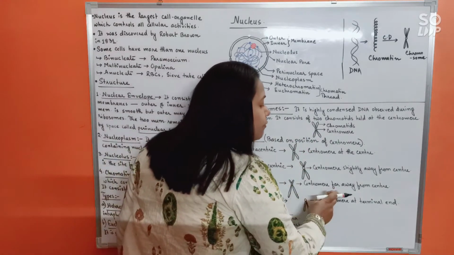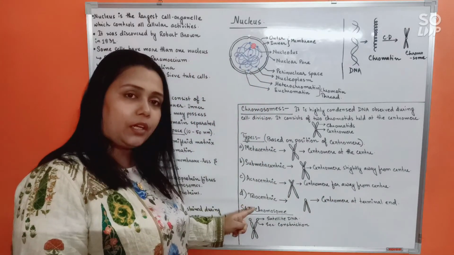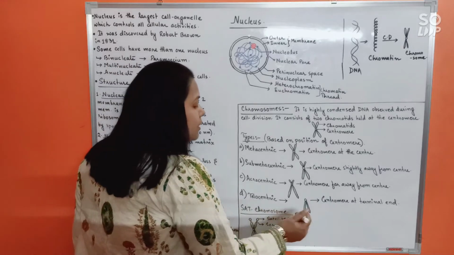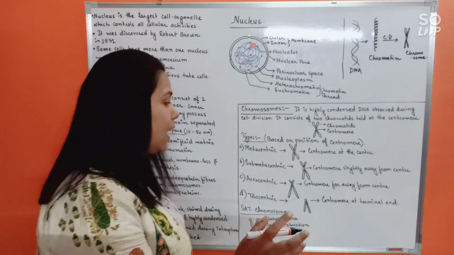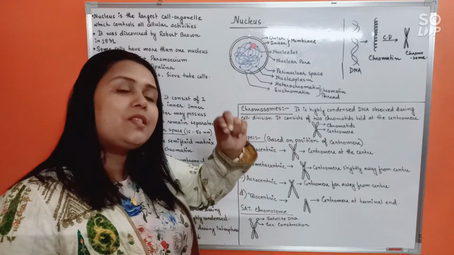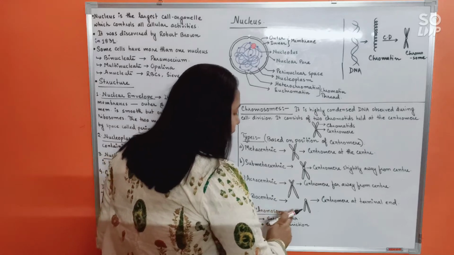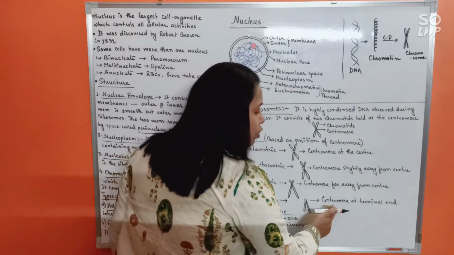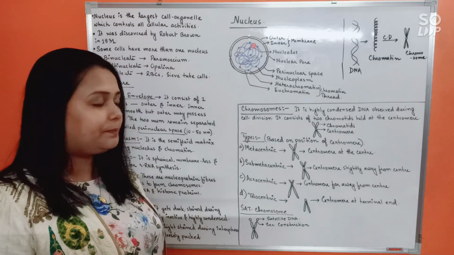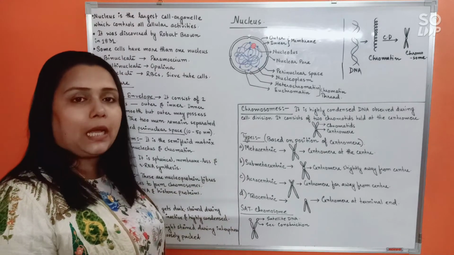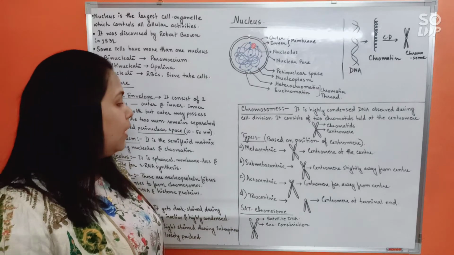Finally is telocentric. Telocentric means the centromere is exactly at one terminal end. So in that case we will call it a telocentric chromosome. Centromere at terminal end. Understood this? Fine. So these are the 4 types of chromosomes based on the position of the centromere.